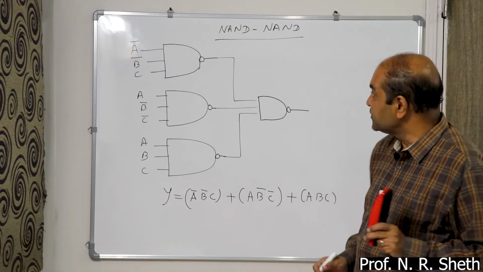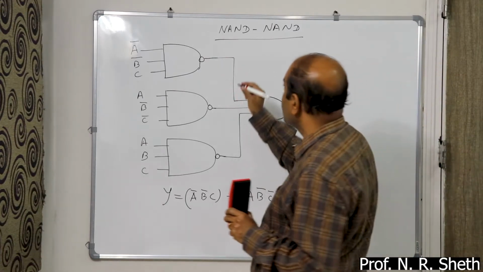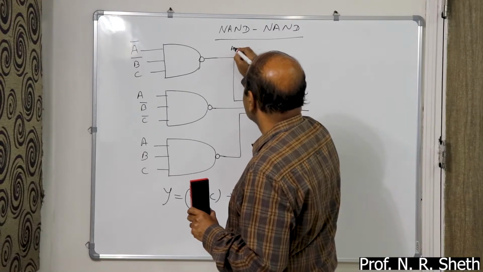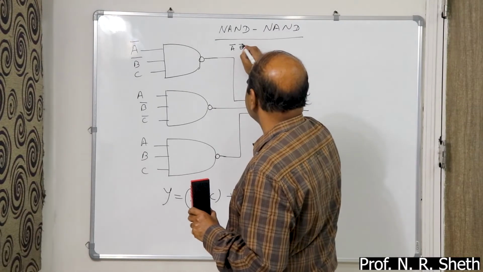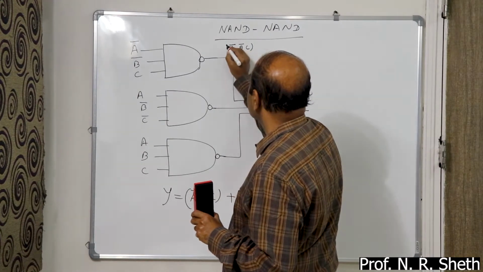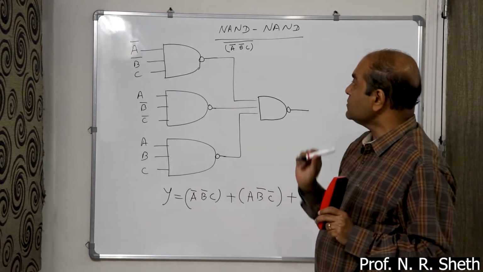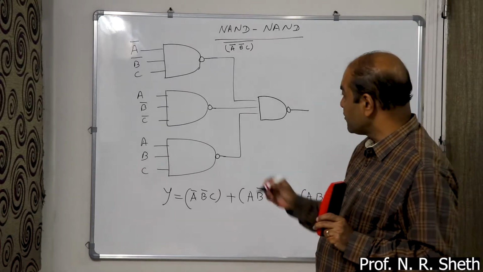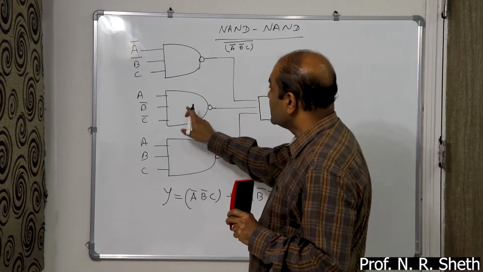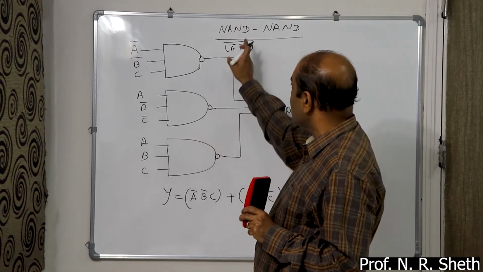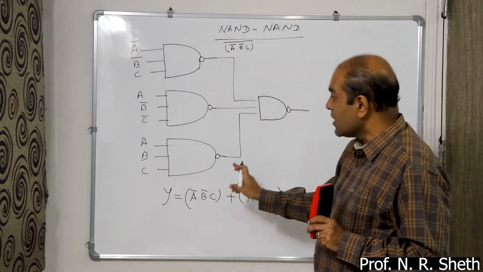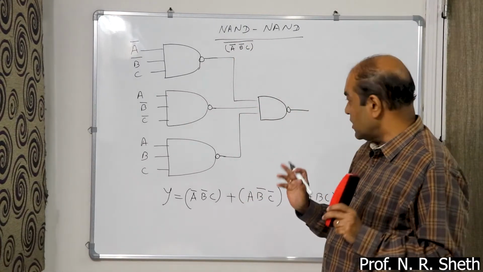I'll explain. What is the output of this one? A bar, B bar, C through a NAND gate, that is, whole over bar. Similarly, this is A, B bar, C bar, whole over bar. This one, A, B, C, whole over bar.